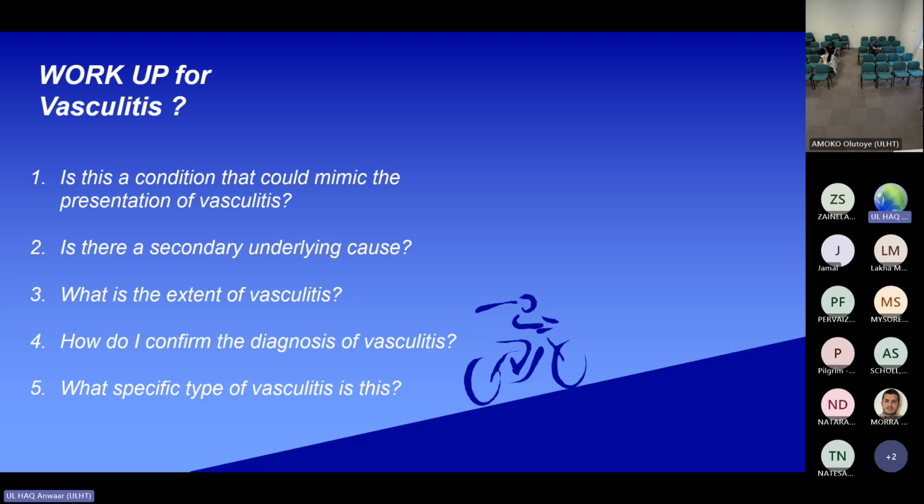Is it really a vasculitis or is something else mimicking the vasculitis? Is there any underlying cause like ongoing rheumatological problems like Sjogren syndrome, SLE, systemic sclerosis, rheumatoid arthritis, and what is the extent of vasculitis? We'll go through these five questions one by one.